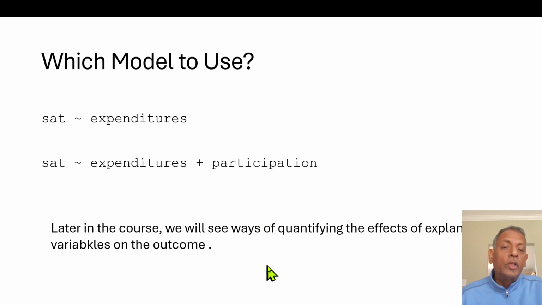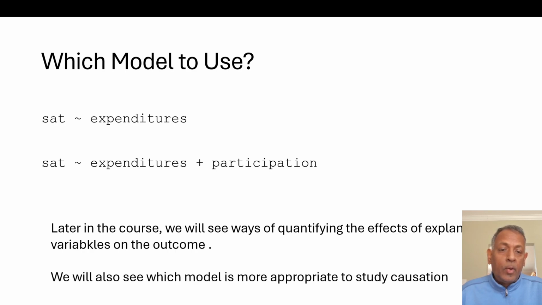Okay, so later in the course, we'll be looking at quantifying the explanatory power of explanatory variables. And we'll also see which model is the more appropriate one. Obviously, in this case, this second model seems to be the more appropriate one. And of course, when you're looking at causality, especially, you need more sophisticated models to really establish what caused what.